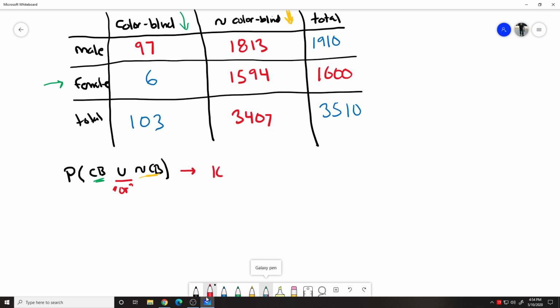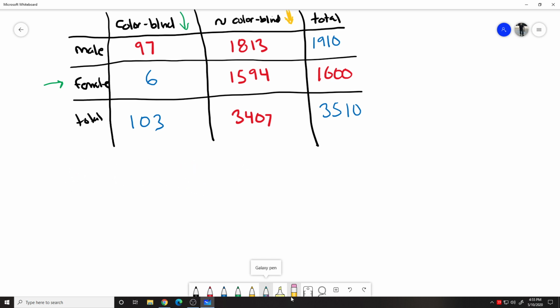That's everybody in the chart. So while it's not mutually exclusive, it's sort of a stupid question, because it's a 100% chance of being colorblind or not colorblind.